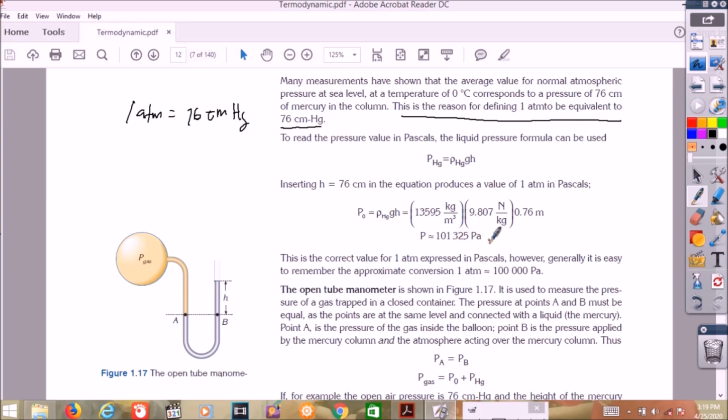We round it to 100,000 Pascal. This is where it comes from: 1 atm is equal to 76 centimeters Hg, equal to 10 to the power 5 Pascal. These units were found by Torricelli.